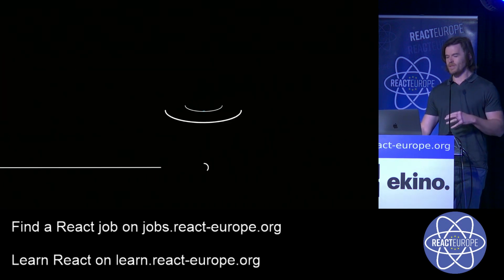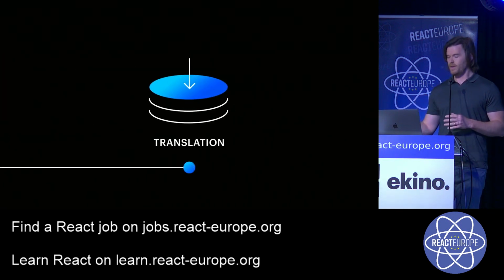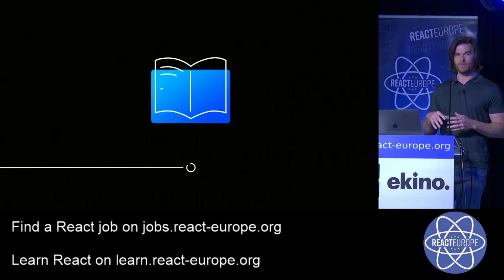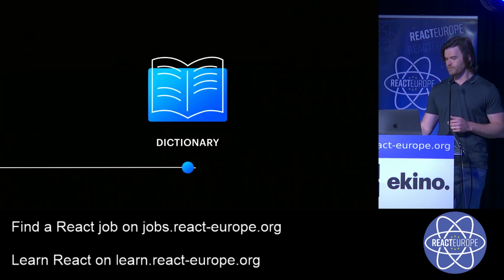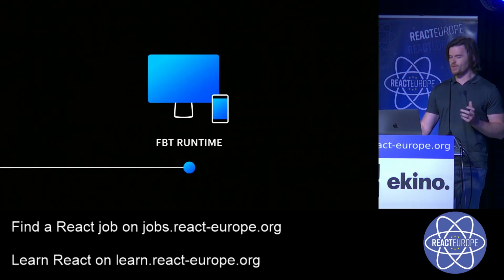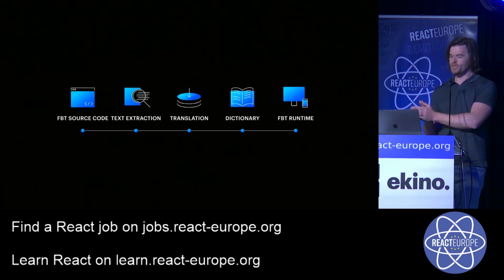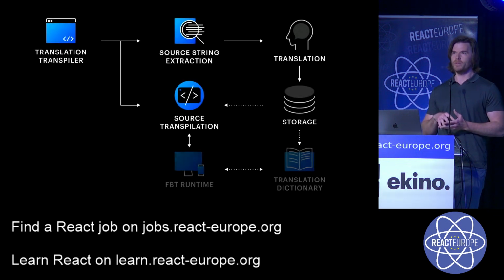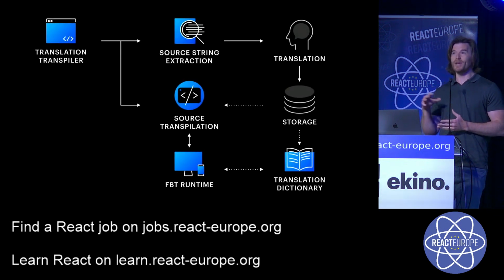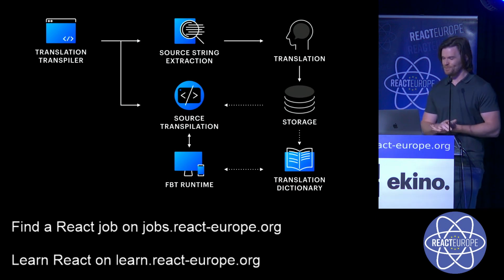In another offline process, translations are extracted and put in another separate data store where they're associated with that original FBT. Finally, translated source is generated where we generate runtime dictionaries, or we inline replace English payloads with the translated payload.